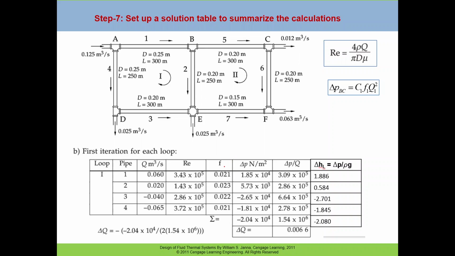Now we have this table ready for loop 1: we got the Q, the Re, f, and delta P, and then we make another column which is delta P over Q. So this delta P should be divided by this Q, and this delta P by this Q. Remember that because delta P is negative and Q is also negative, the sign will cancel in this case, and this value will be positive.